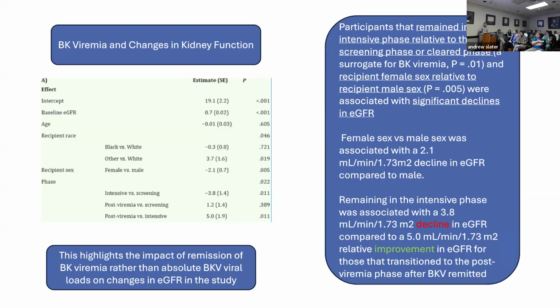Female sex versus male sex was associated specifically with a 2.1 decline in eGFR compared to male. And then remaining in the intensive phase was associated with a 3.8 decline in eGFR compared to a 5.0 improvement in the eGFR for those that transitioned from the intensive phase to the post-viremia phase after BK remitted.